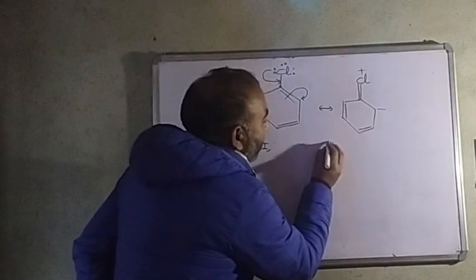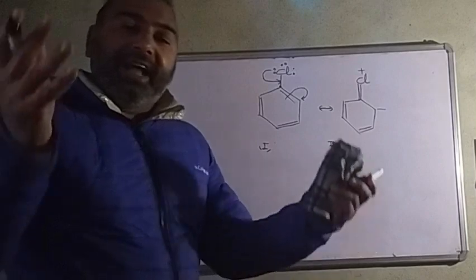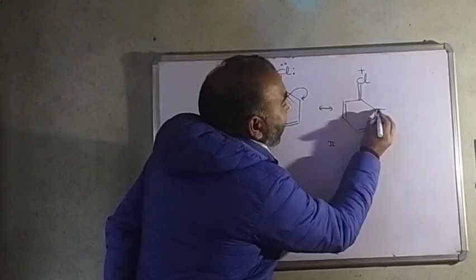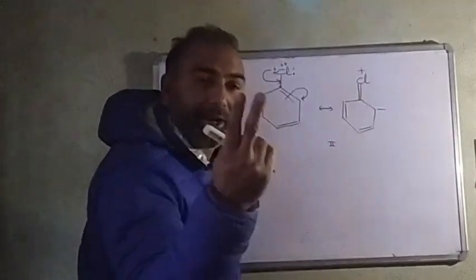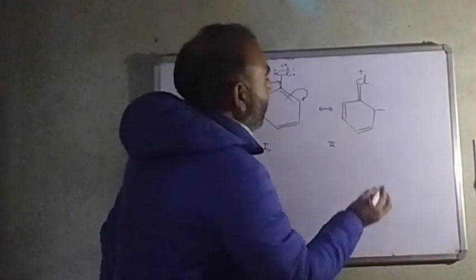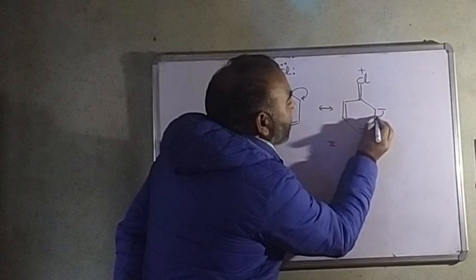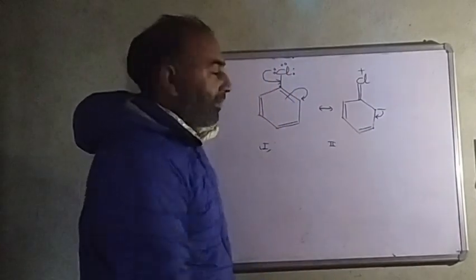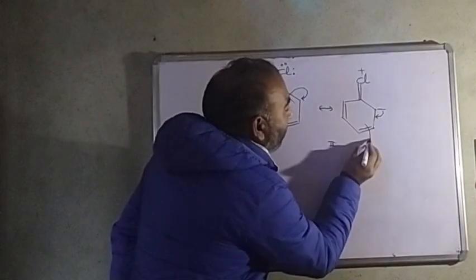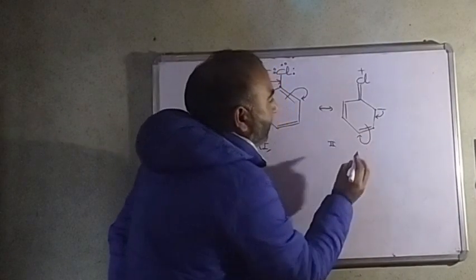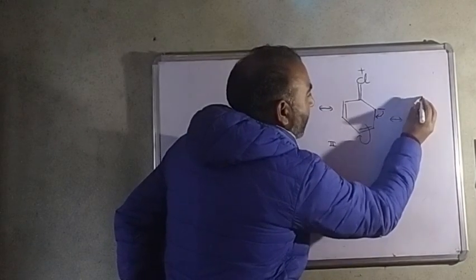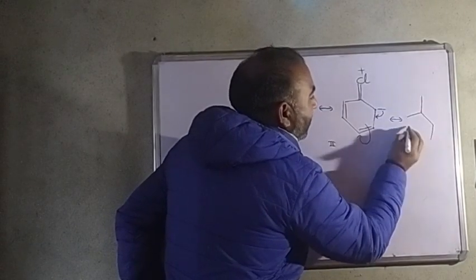And these structures, you know, they are called resonance structures. Now what happens? These 2 electrons, the negative charge equal to 2 electrons, will shift like this between this carbon and this carbon. And this pi bond will be pushed towards the para carbon. Then we will get structure number 3rd.